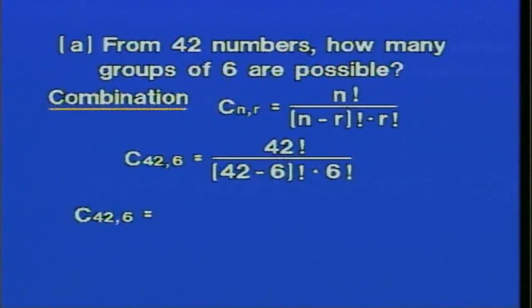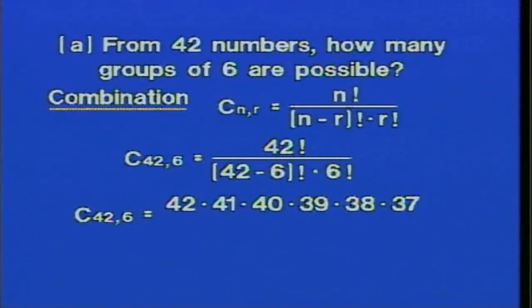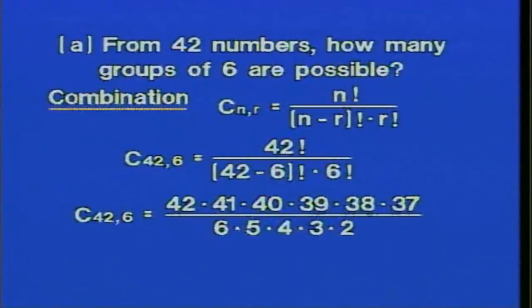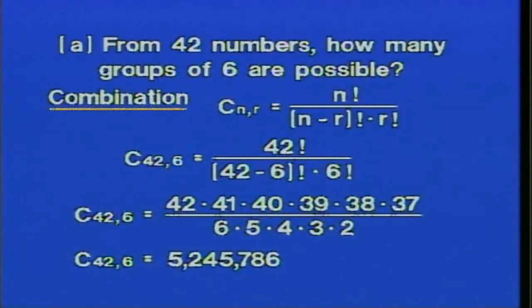So we would write 42 times 41 times 40 times 39 times 38 times 37. In the denominator we have 6 factorial, which is 6 times 5 times 4 times 3 times 2. And then when the smoke clears on the cancellations, we find that that total number is 5,245,786. Quite a lot of groups of 6 that are possible from just 42 numbers.